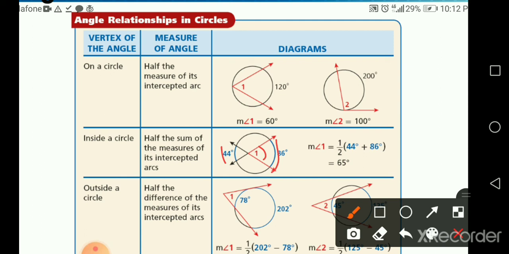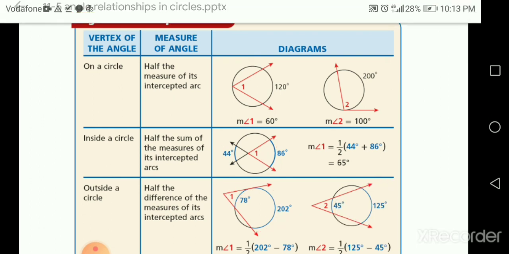Okay, what about if the vertex of the angle is outside? It will be equal to half of the difference between the two intercepted arcs, so 202 minus 78. And for this one also, the measure of angle 2 equals half of 125 minus 45.